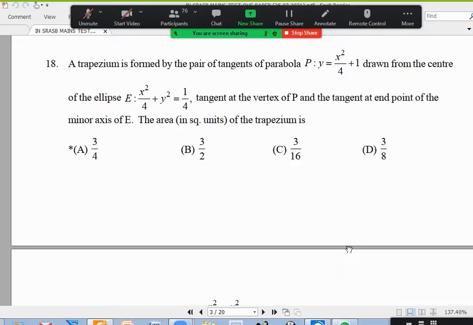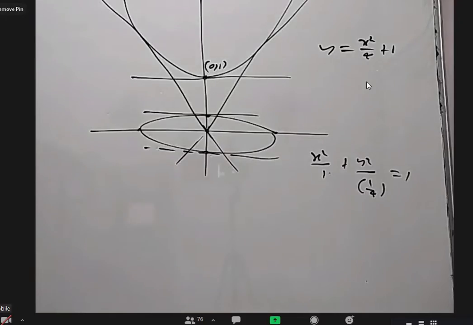End of minor axis means either here, of course, you cannot extend this, they don't form a trapezium. So only these four lines. So obviously the upper end of the minor axis.